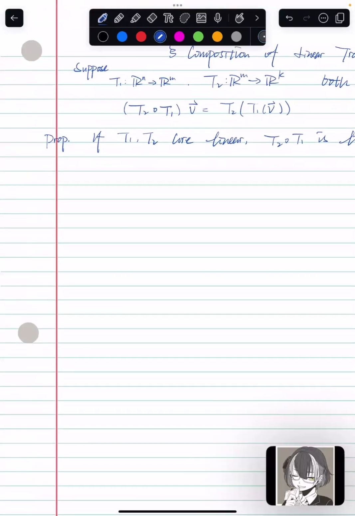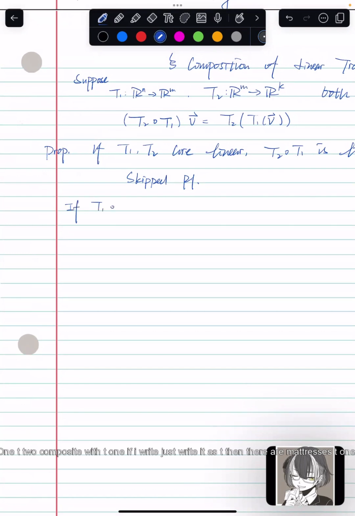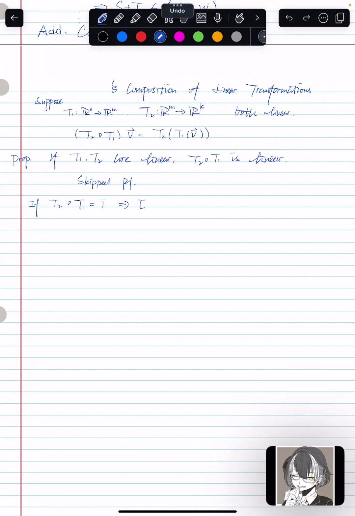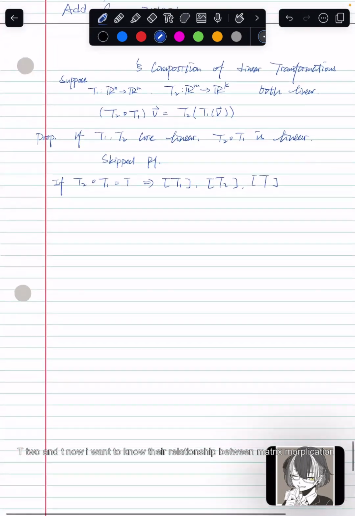So if we have T2 composite with T1, if I just write it as T, then there are matrices T1, T2, and T. Now I want to know their relationship between matrix multiplication.